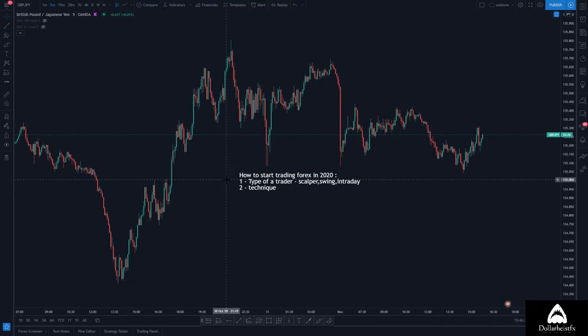Maybe your win rate will be around 70, 60, or maybe 50, it's fine. You don't need to go and find the holy grail of forex, because the holy grail in forex does not exist. First and foremost, the holy grail in forex does not exist. So pick a technique that's suitable for your type of trader, obviously suitable to your personality.